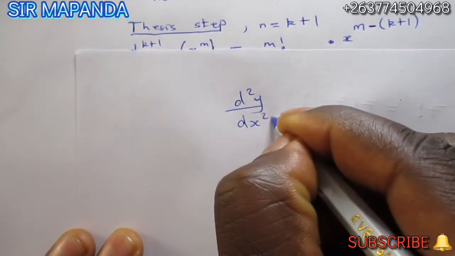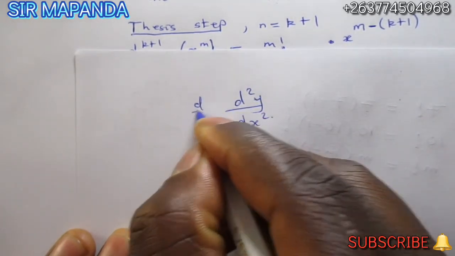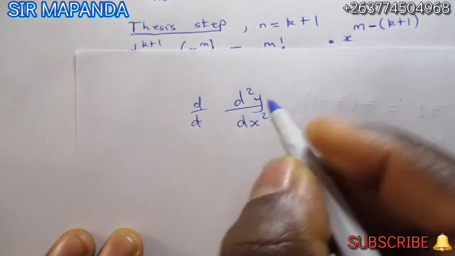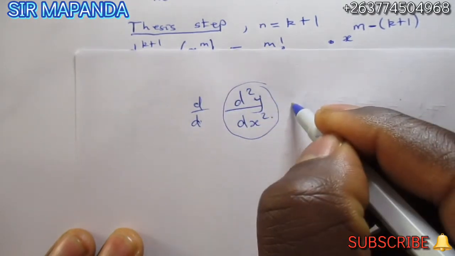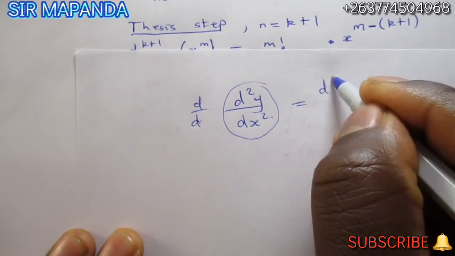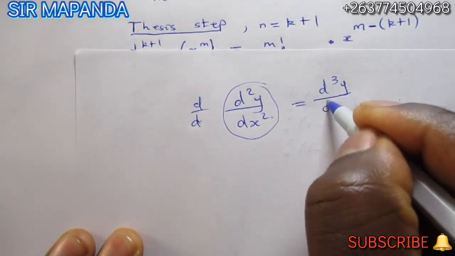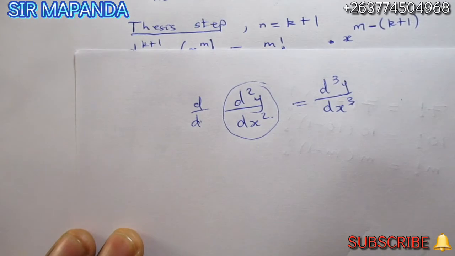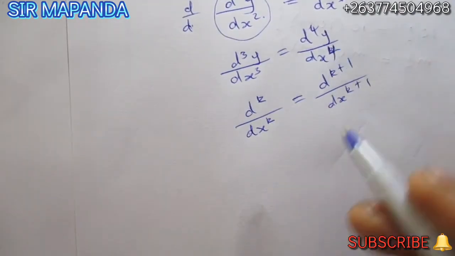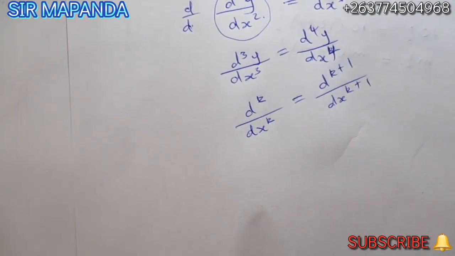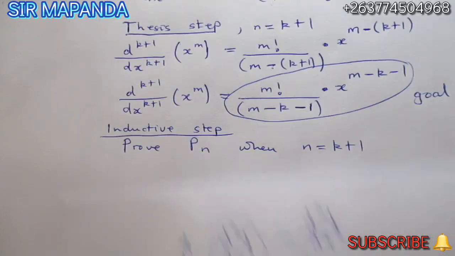From the Taylor series, if you find the derivative of the second derivative, you find the third derivative, adding 1 in front. I hope you are following. So we want to apply the same concept here.